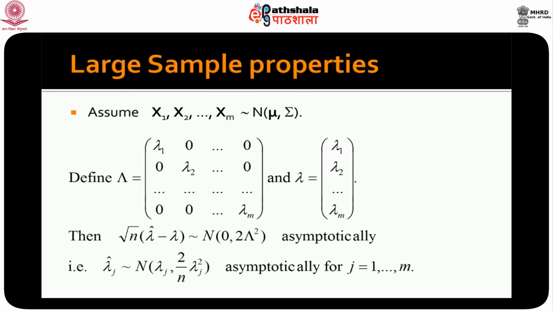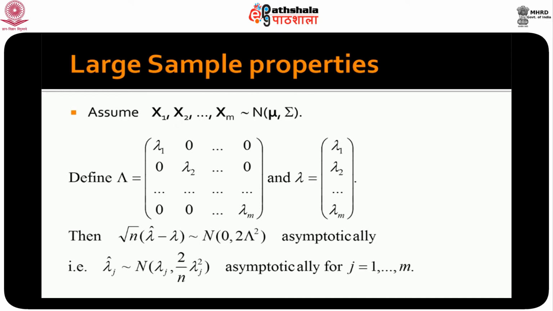So if you look at them individually, what it tells us is that each lambda j hat, if you look at the jth principal component, is approximately a normal distribution with mean lambda j and variance twice lambda j square by n.